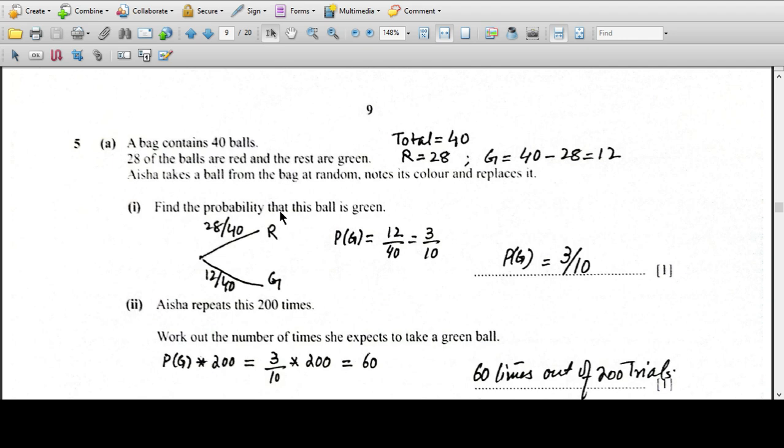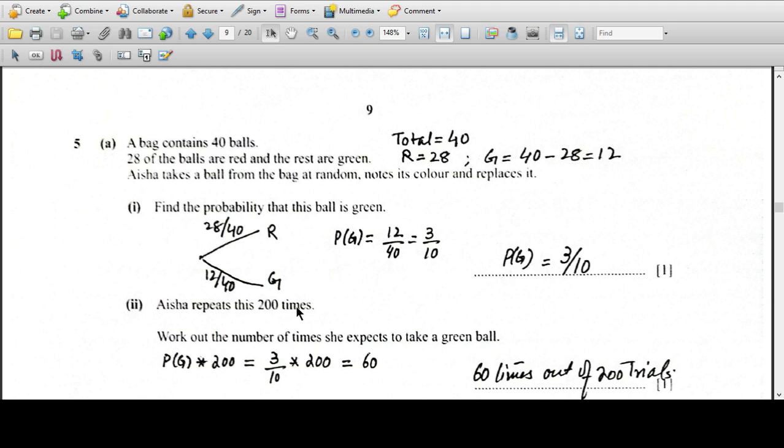Find the probability that this ball is green. So this is the tree of this bag. So red and green. The probability of red is 28 upon 40, and the probability of green is 12 upon 40, or 3 upon 10.